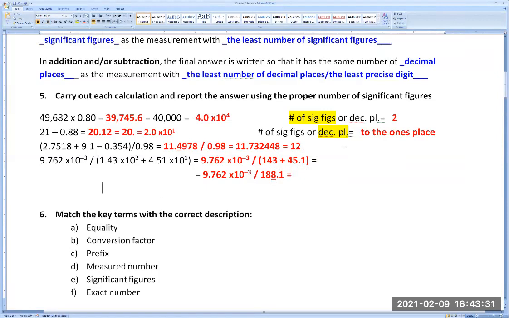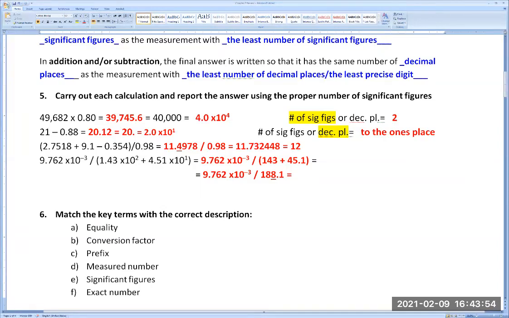So let's do the calculation and have the calculator answer. 9.762. So second EE key in your calculator, so that you use the scientific notation. So second EE key, -3.